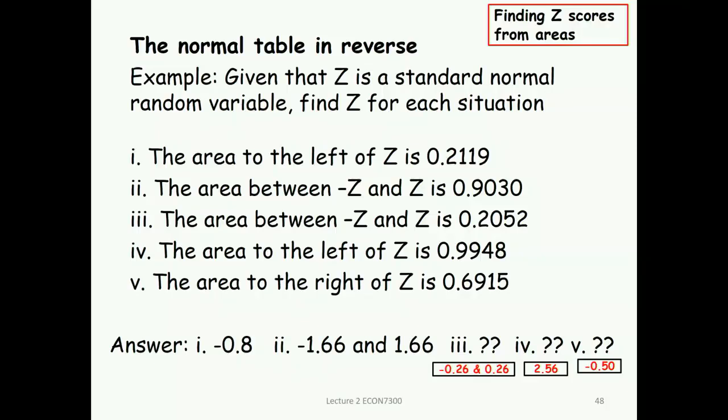Between, the area between two values, the area is 90%. Do you think Z is positive or negative? So you have a normal distribution. The middle is 90%. What would happen then to this one and this one? Would you think it is positive or negative? Or you think positive and negative?